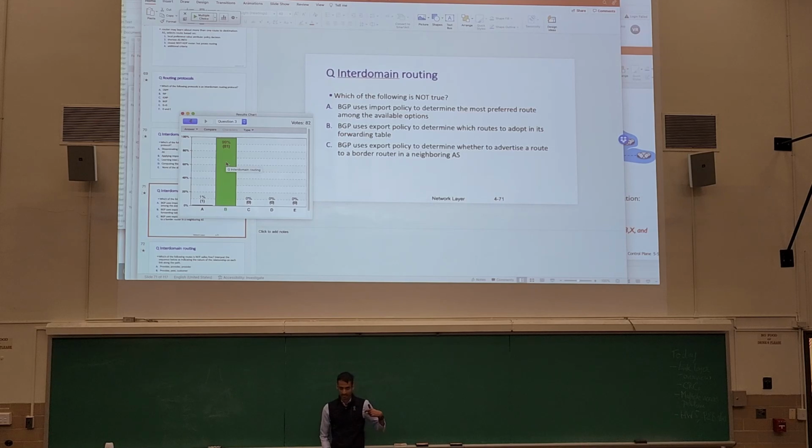Export determines what you export or re-advertise, right? You import a route, adopt a route. You receive a route, and the import policy determines amongst the received routes which route is adopted. And then the export policy determines whether the imported route is re-advertised to one or more of your neighbors. Right? So the others are just truths. You can verify that. That's the right answer.